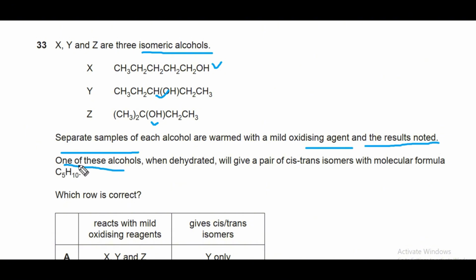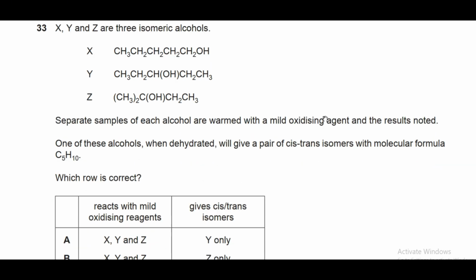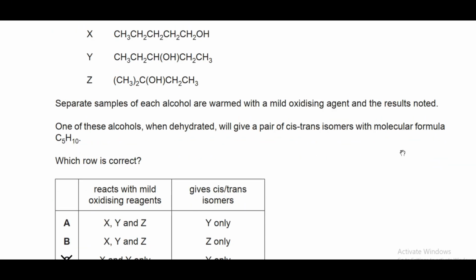One of these alcohols, when dehydrated, will give a pair of cis-trans isomers with molecular formula C5H10. Which row is correct? C is the right answer.